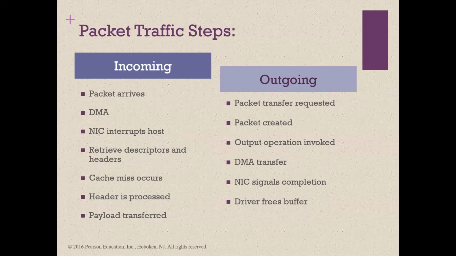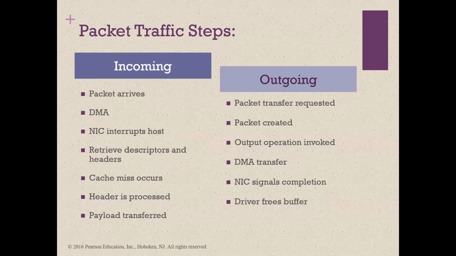It must also invalidate the corresponding cache lines, if any, and so on and so forth. And then the NIC interrupts the host. After a number of packets have been transferred, the NIC issues an interrupt to the host processor. And then there is retrieval of descriptors and the headers and so on. And then there could also be a cache miss.